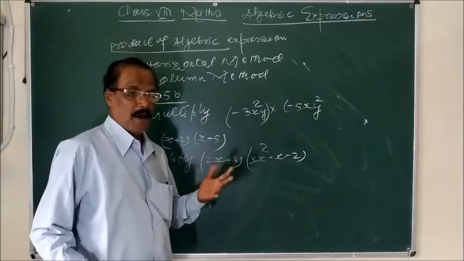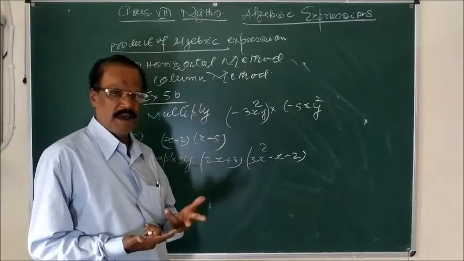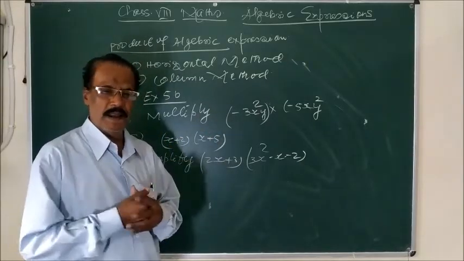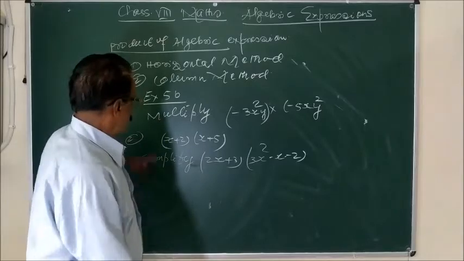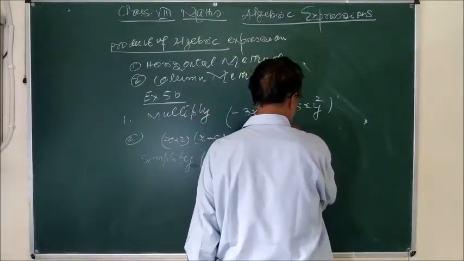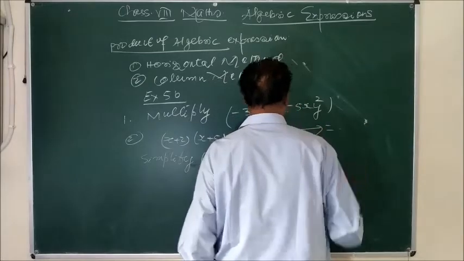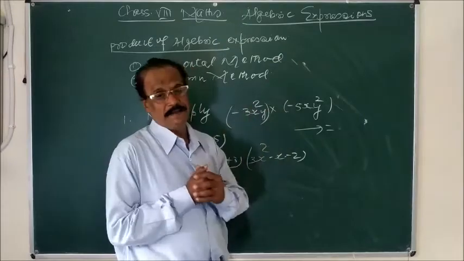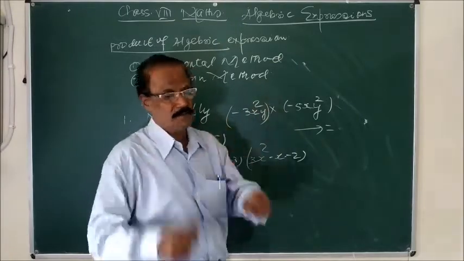Now you can multiply a binomial by another binomial, a trinomial by a monomial, like this. So you see you have to multiply these two. So how will you solve? First step, you multiply the numerical coefficients.